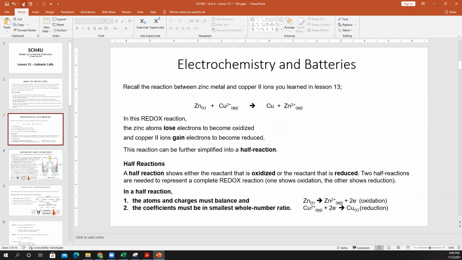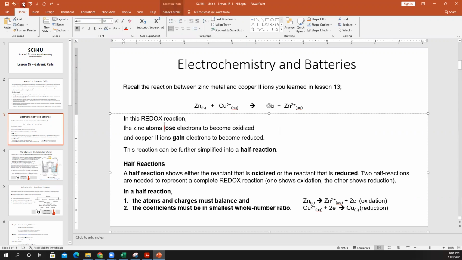If you recall Leo the lion, LEO: loss of electrons is oxidation, and gain of electrons is reduction. If you remember that, you're in good shape. If you lose electrons, you're becoming oxidized. If you're gaining electrons, you are becoming reduced.